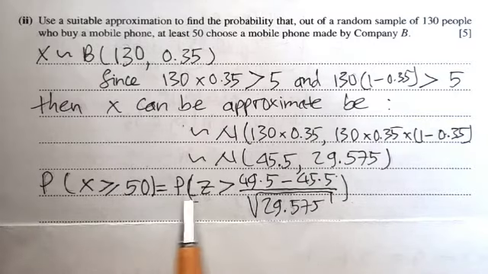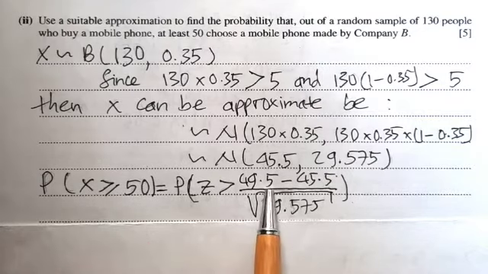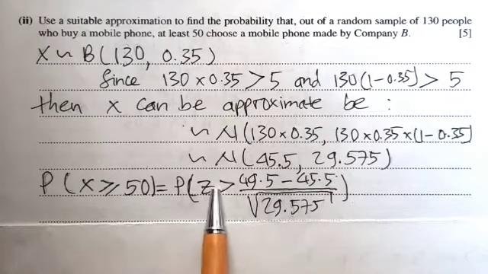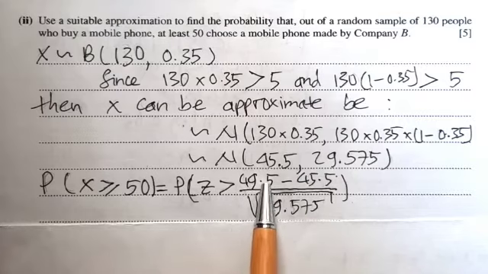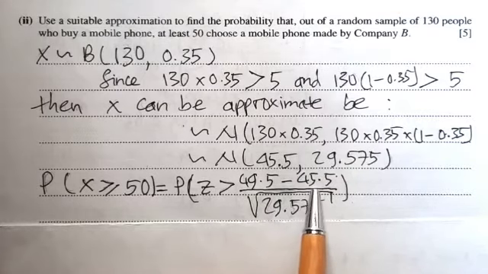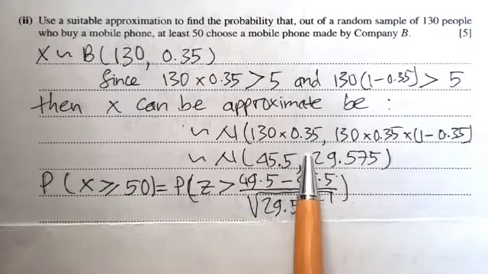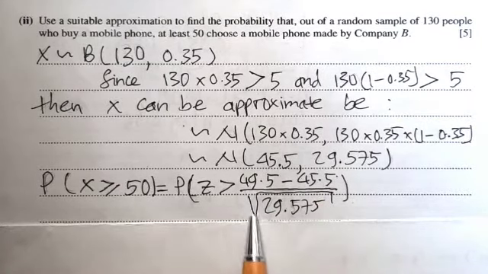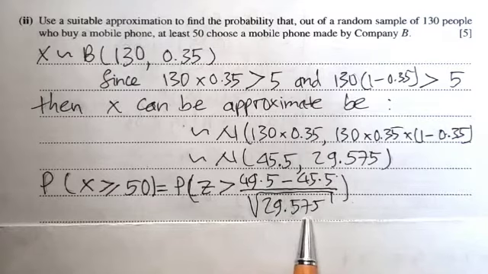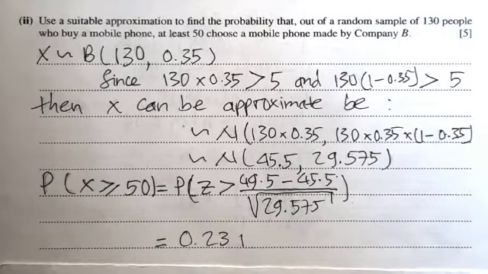The correction from discrete to normal is that 50 becomes 49.5. Thus P(Z greater than (49.5 minus 45.5) divided by the standard deviation, that is the square root of the variance, the square root of 29.575. By using a calculator, we obtain the probability 0.231.